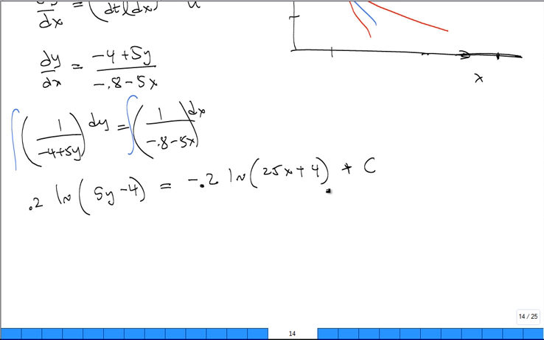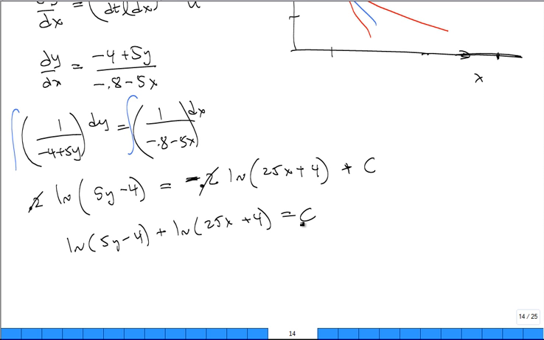Right away, you can get rid of the 0.2s and just call it a new constant of integration. Okay, but don't get rid of the negative sign. And then you can bring that one logarithm to the other side. So we have the logarithm of 5y minus 4 plus the logarithm of 25x plus 4, equals some new constant of integration. True? What can I do?